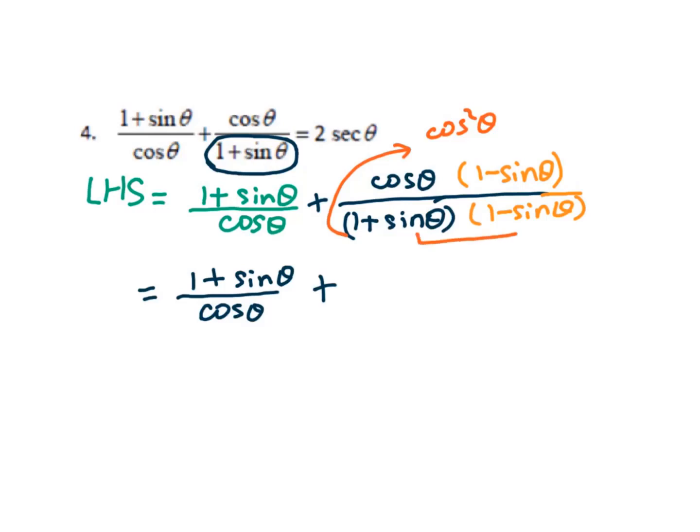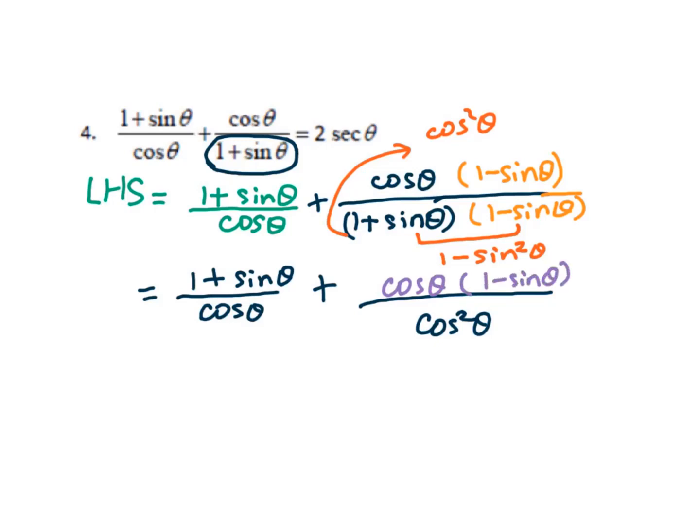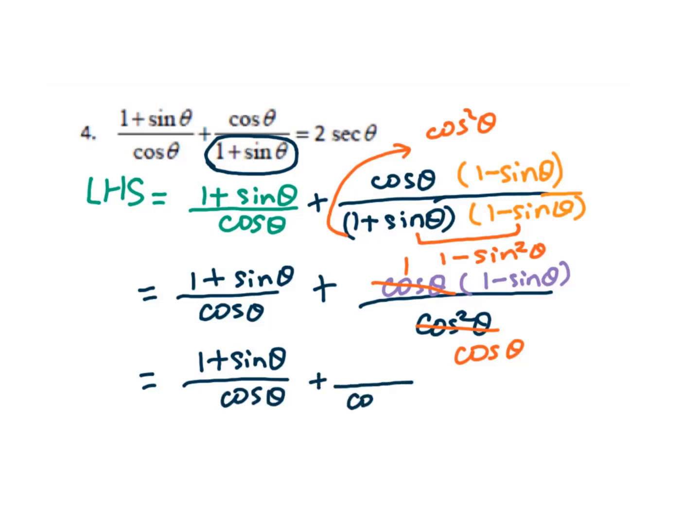For these two, we got 1 minus sine square theta. Therefore, I just write down here cosine square theta. Look at the top, I got cosine theta times 1 minus sine theta. So reduce, here's 1. This is a cosine theta. Let me bring this down again. Then I have denominator cosine theta, top is 1 minus sine theta.